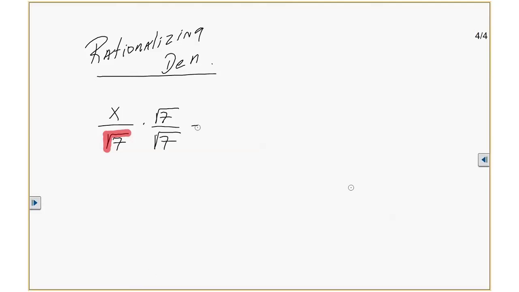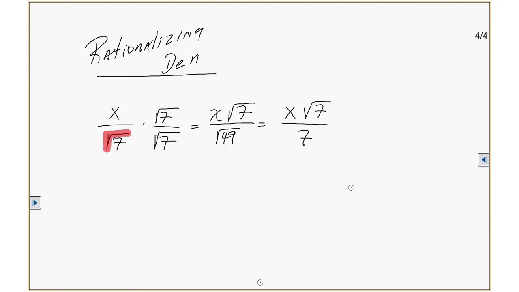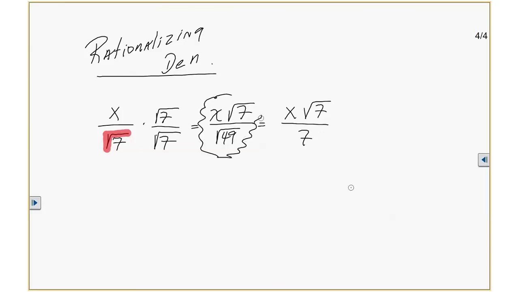And that's going to give us 4x times the square root of 7 over the square root of 49, which is equal to 4x square root of 7 over what? Now this step in here is really not needed. The only reason I put it in there is to show you that we're trying to get rid of the radical, so we multiply it by itself so we can get that square root of a perfect square. Now what did I give you this one?